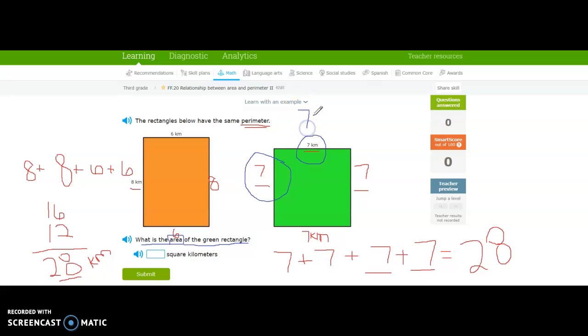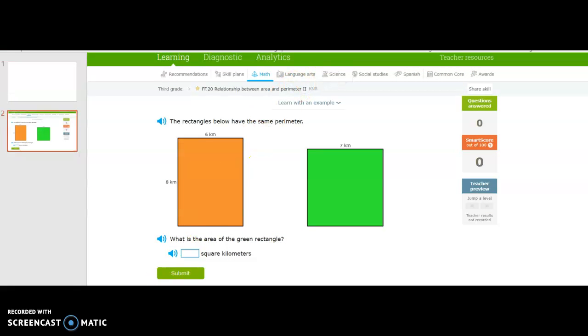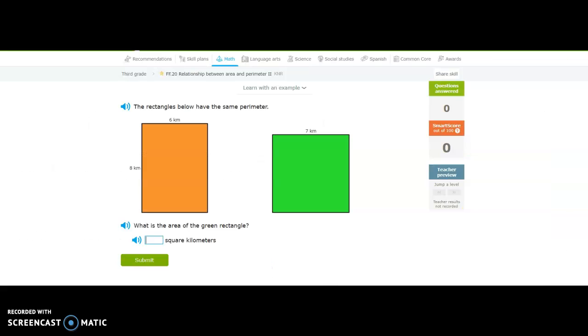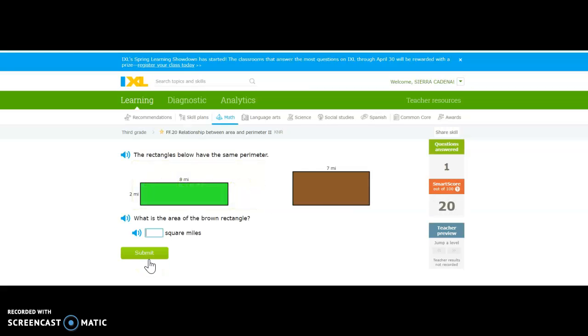And you and I both know that 7 times 7 is equal to 49, because we've been practicing our MobyMax facts every day for 10 minutes. So 49 square kilometers. So I'm going to go back to my IXL and type in 49 square kilometers. We got it. So there's lots of steps to this one problem.